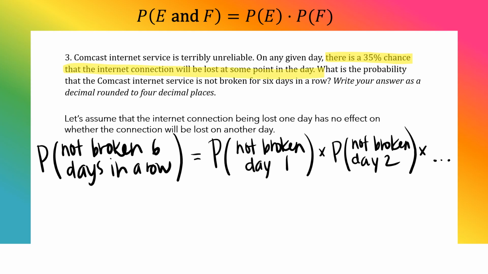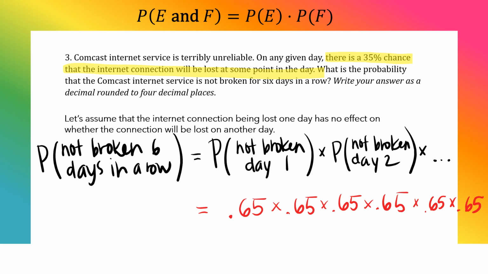If there's a 35% chance that the internet connection is going to be lost at some point in the day, what would be the probability that it's not lost or not broken? That would be 65% chance, right? So we're going to multiply 0.65 times 0.65 six times, 1 for each day.